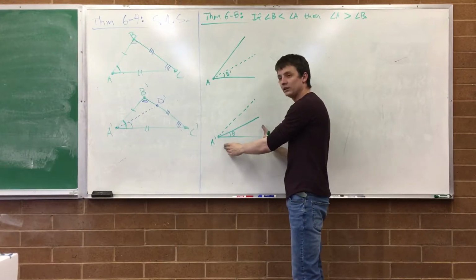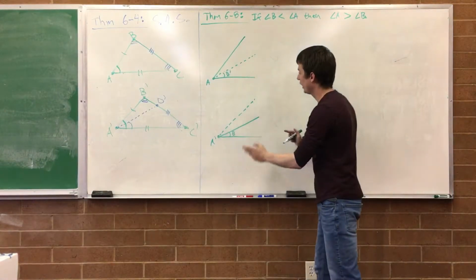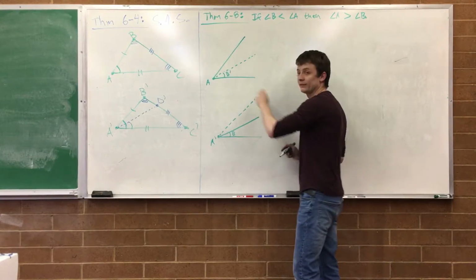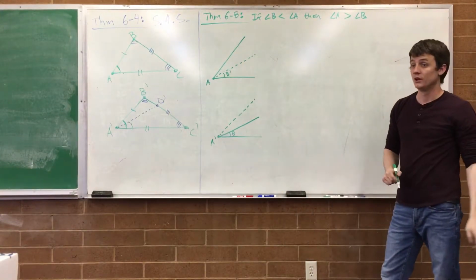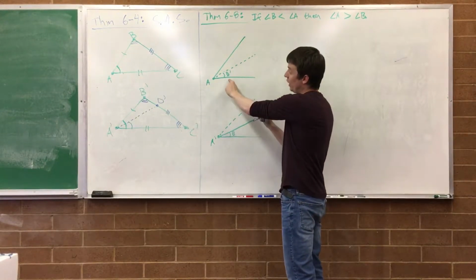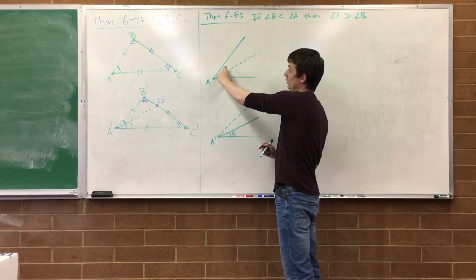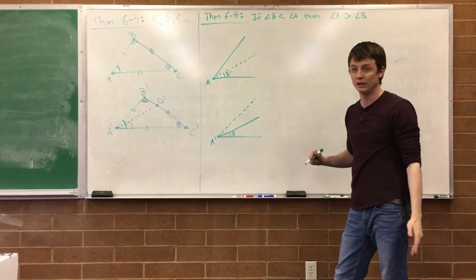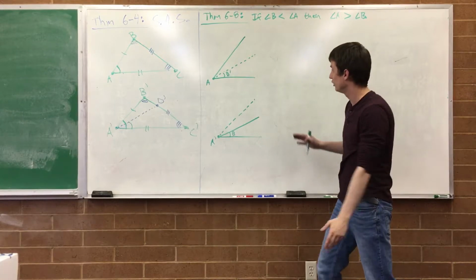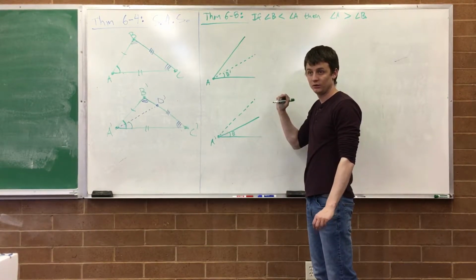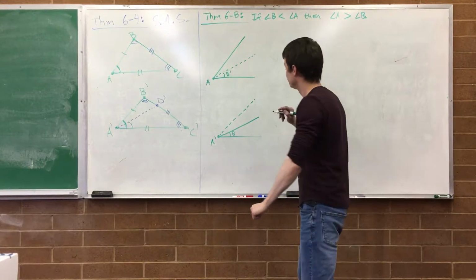Just pay attention to the A and the B. So I'm going to start out with angle A and angle B such that angle B is less than angle A. Now what does it mean for angle B to be less than angle A? It means I can draw an angle congruent to angle B right here so that its other side ends up on the interior of angle A. That's using the definition of angle B is less than angle A. You good? Okay.